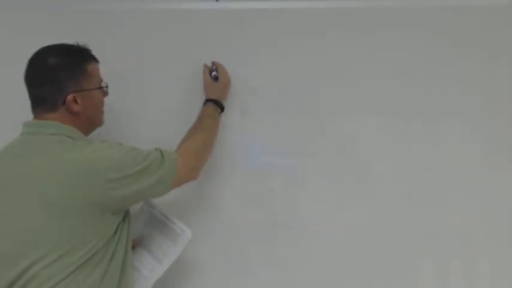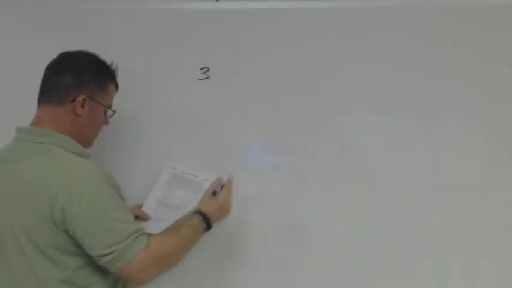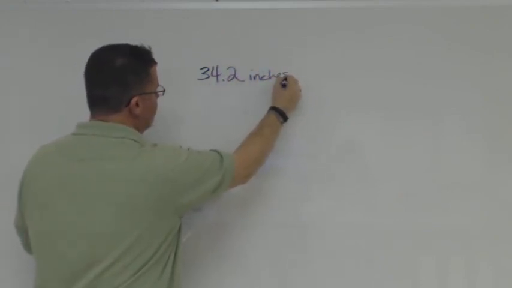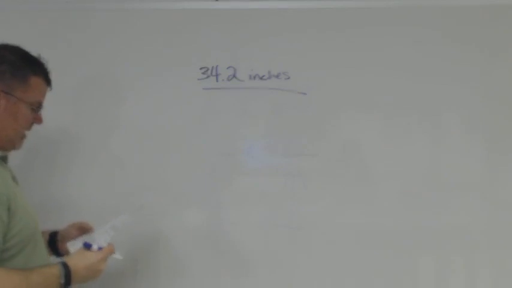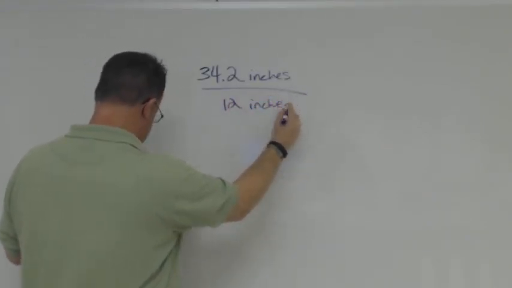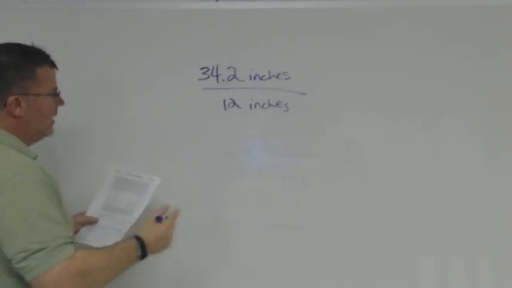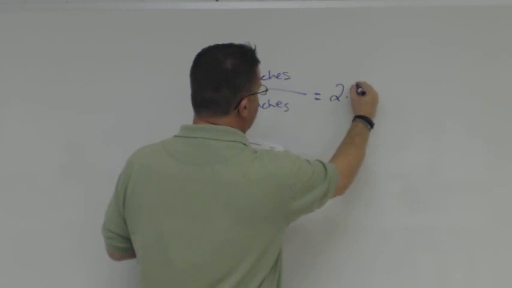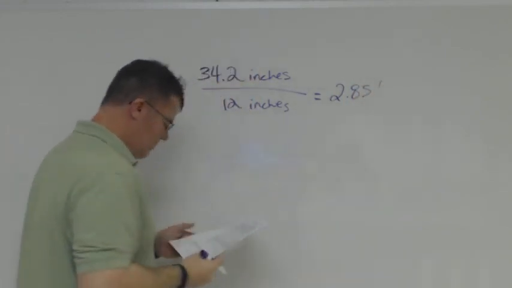So, to begin with, you should have started out with 34.2 inches. What am I going to divide by? Over 12. 12 inches. That is going to give me 2.85 feet.